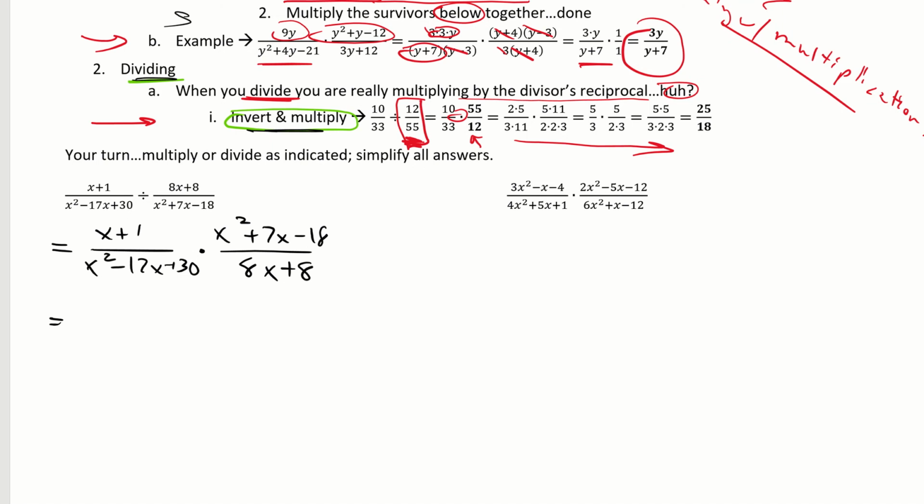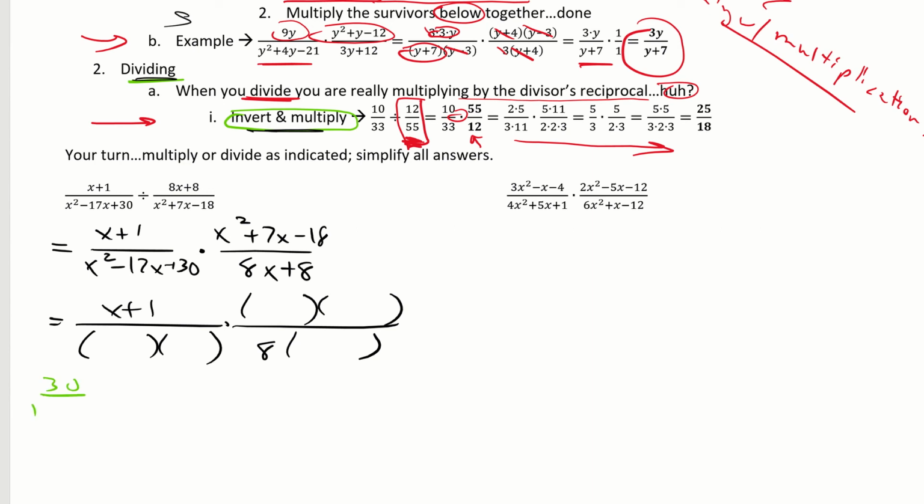So the x plus 1, nothing. But the bottom is a trinomial, and the top over here is a trinomial. And the last one is take out the 8, what's left behind? Okay, let's see. Factoring 30, what adds up to 17? So 30 is 1 times 30, 2 times 15. There it is right there, except make them negative. So how about x minus 2, x minus 15.